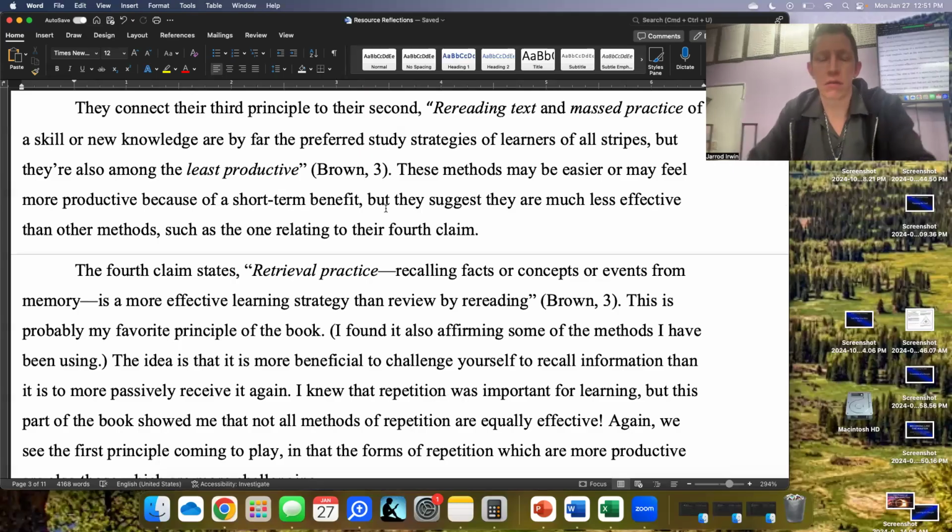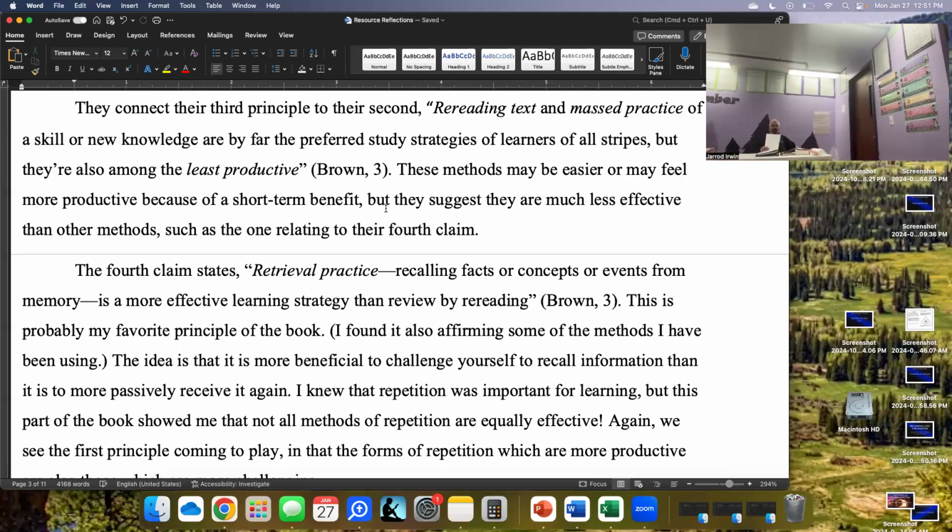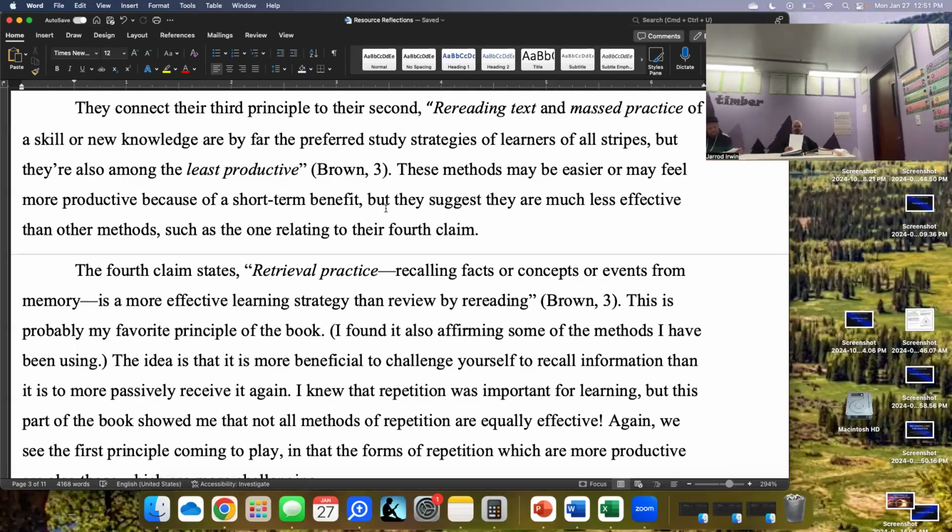The tact of recalling in spaced amounts through various recall methods like review, homework, quiz the next day. That would be one way of retrieval practice.